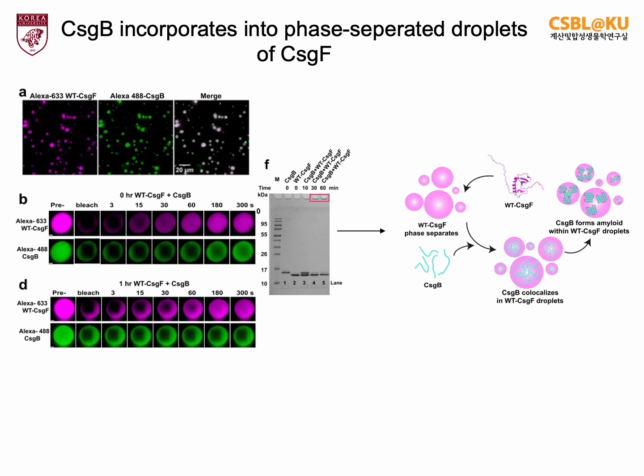An SDS-PAGE was also performed to further understand the nature of CsgB in the presence of CsgF. All of the results indicate that CsgB interacts with CsgF droplets and that CsgB undergoes amyloid transition within the dynamic CsgF condensates.